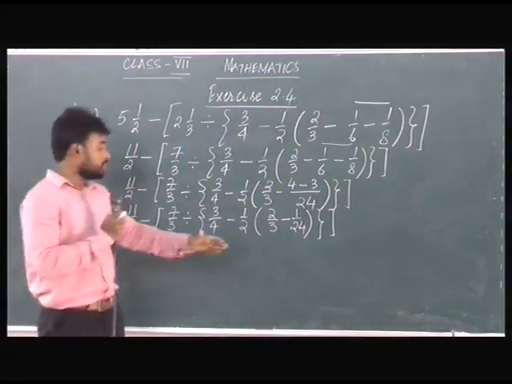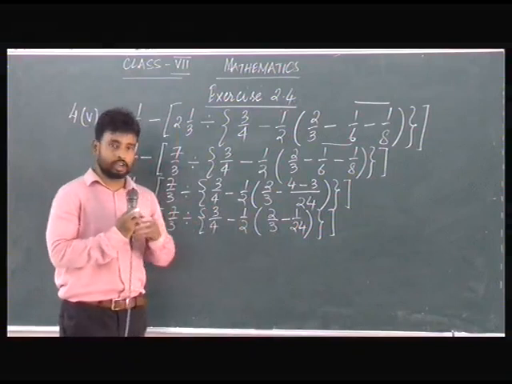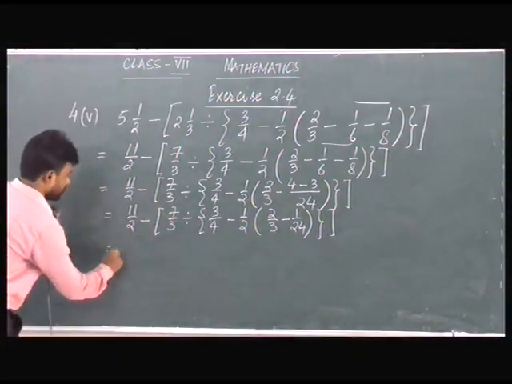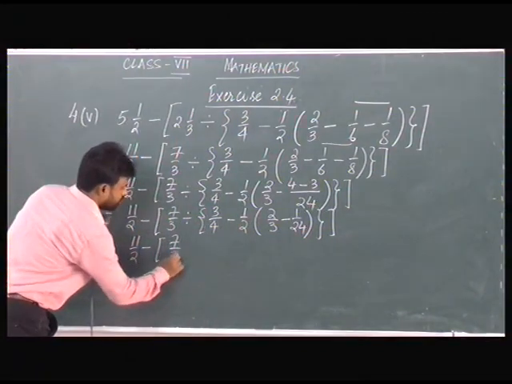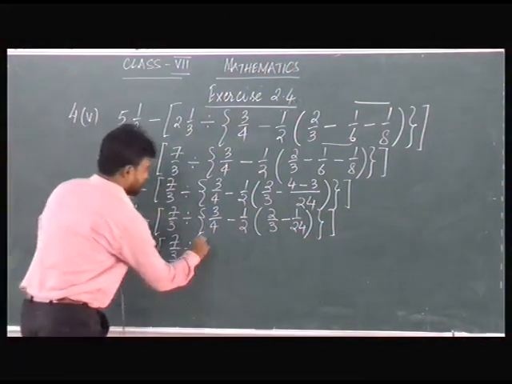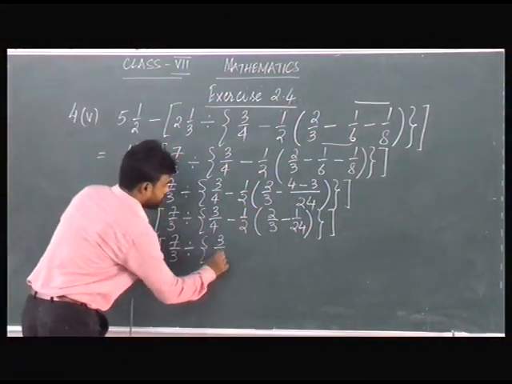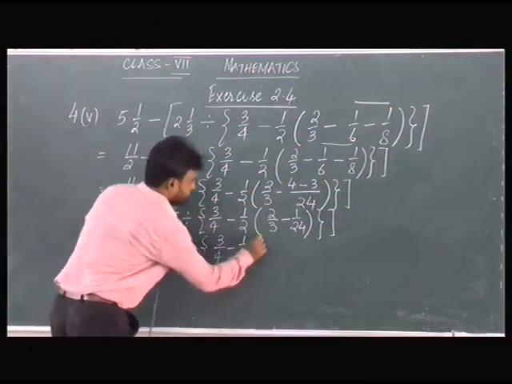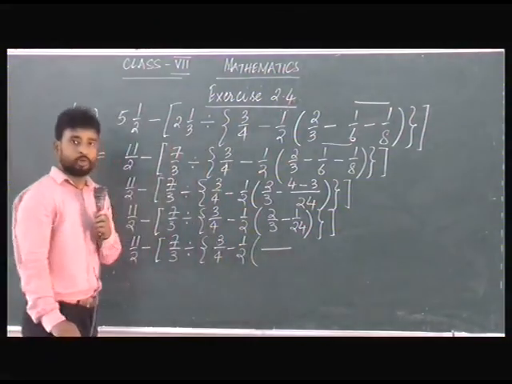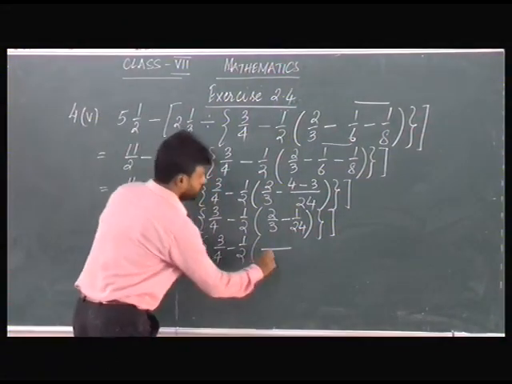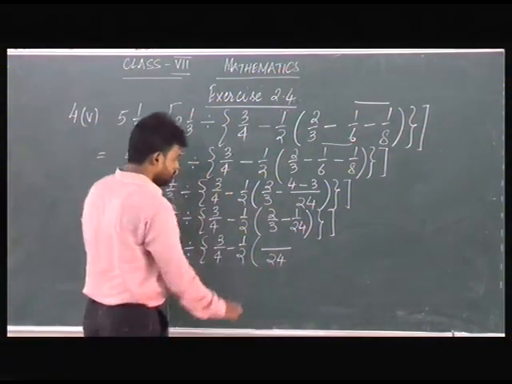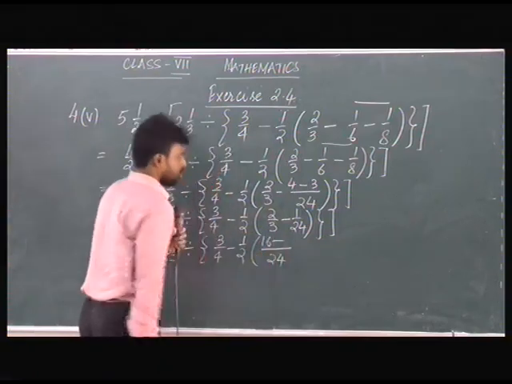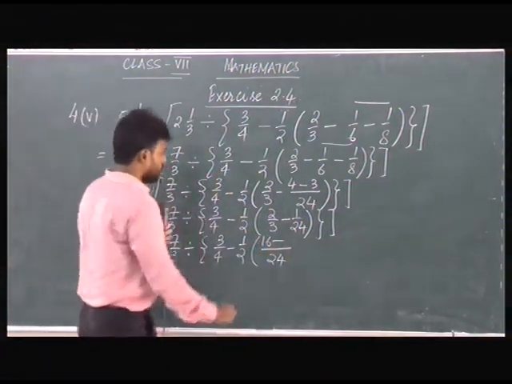Now in the next step, we will solve this circular bracket. We'll take the LCM of 3 and 24, we'll get 24. 3 will go 8 times and 24 will go 1 time.